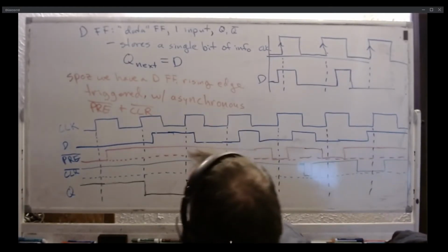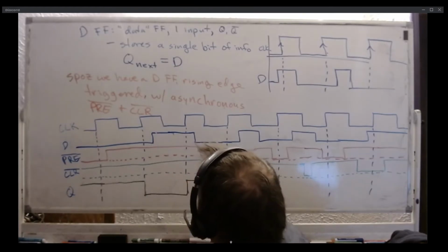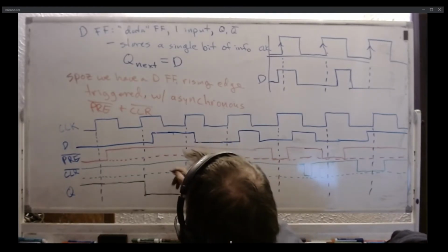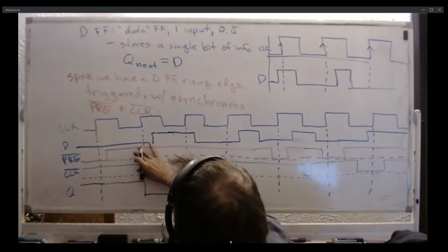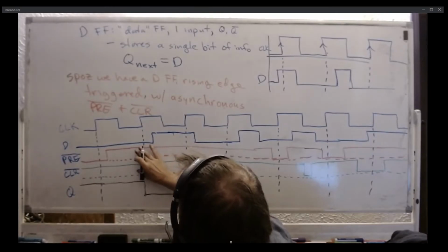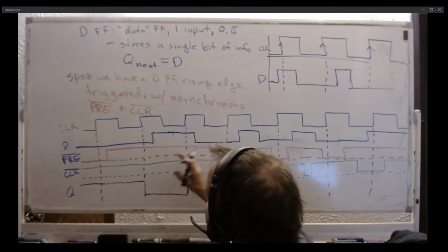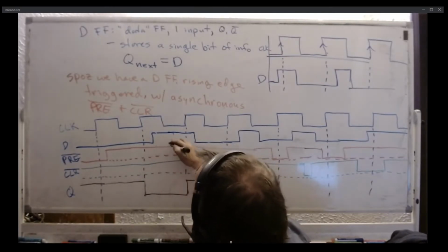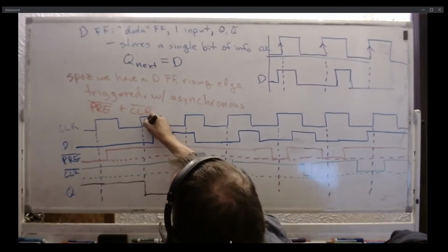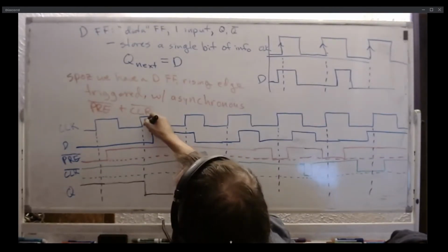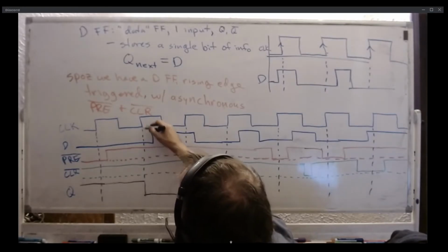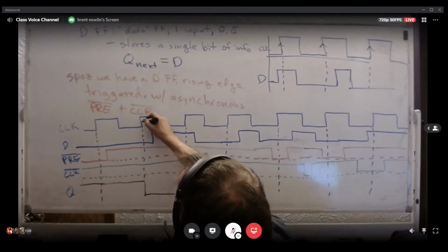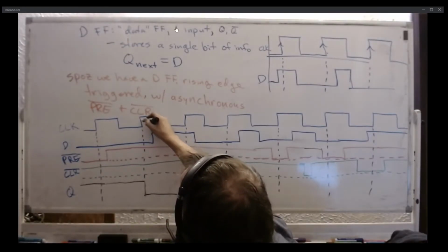Let's see. What were we doing? We were recapping to get up to here. So now they're both inactive, so they don't affect Q at all. And then we get an active edge of the clock. What's the state of D when this active edge occurs? Low.